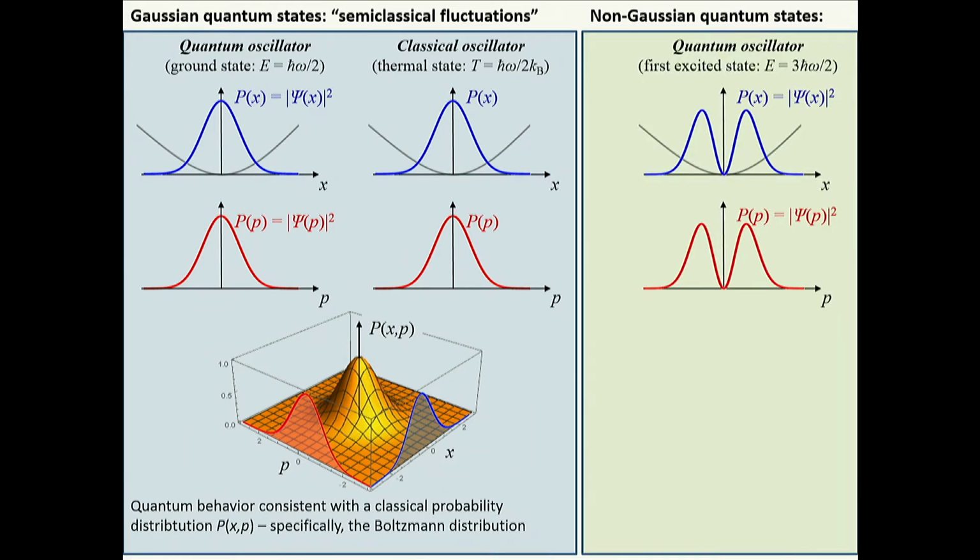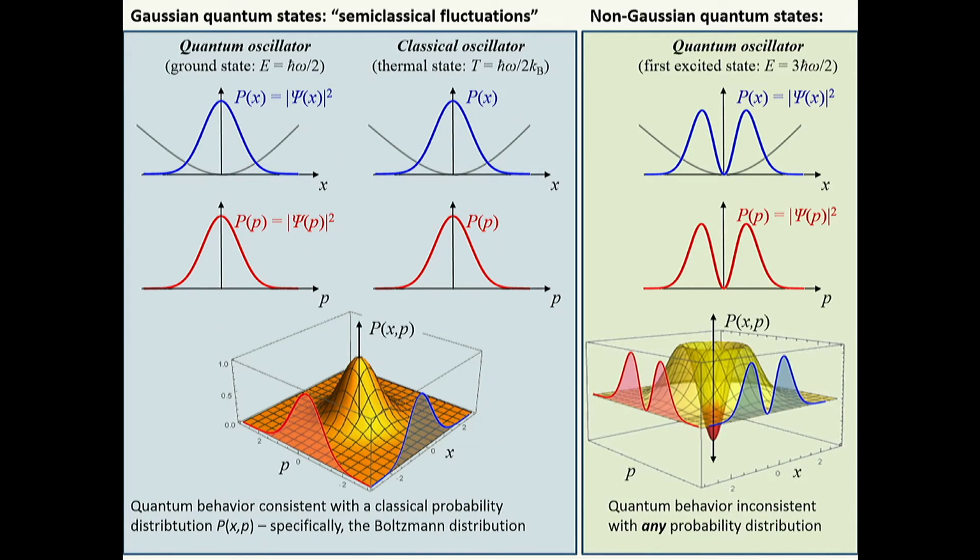For the first harmonic, the first excited state, this is what the probability distribution of position measurements looks like. That's what the probability distribution of momentum measurements looks like. And the only two-dimensional shape that will give you these as shadows, so to speak, has to go negative. And so it can't be interpreted as a probability of having an instantaneous value of x and p.